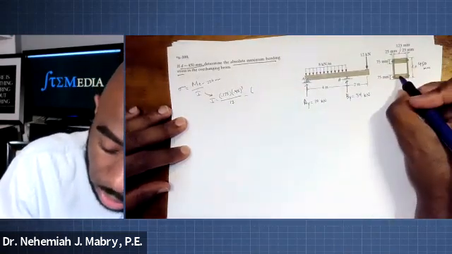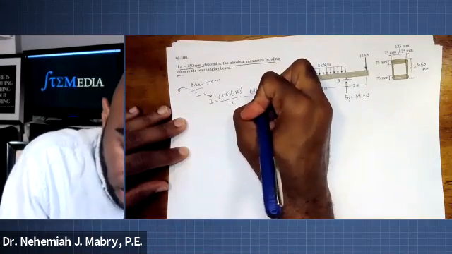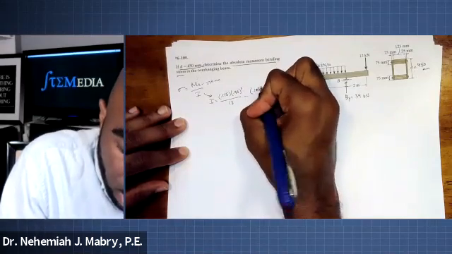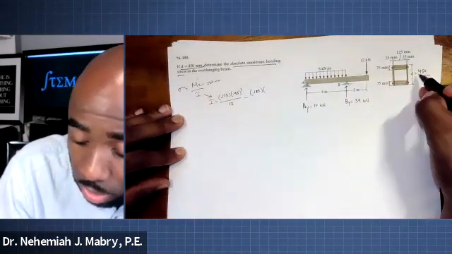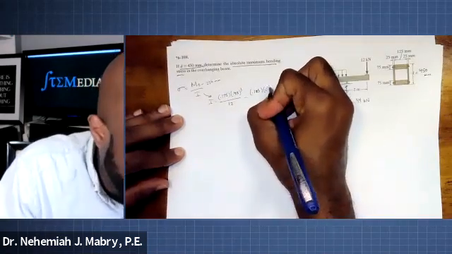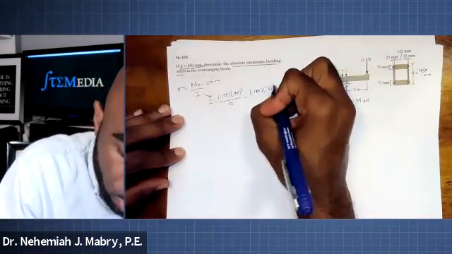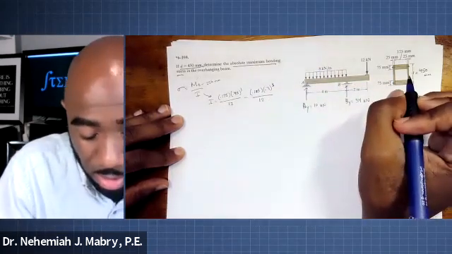Well, the base of this space in the middle would be 0.125 times the height, right? So 450 minus 150, that's going to be 0.3 cubed over 12, all right?